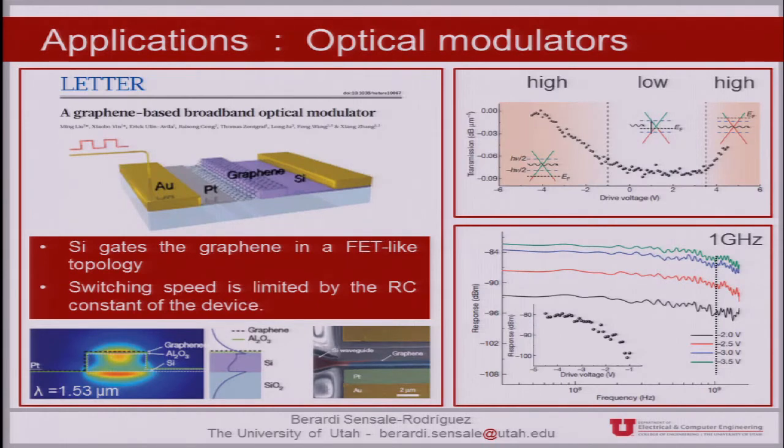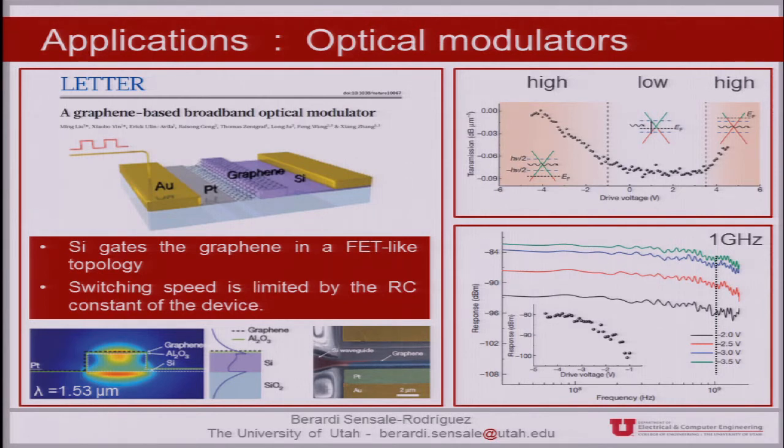The first one that I want to mention is a work from a group from Professor Zhang here at University of Berkeley, who show an electroabsorption optical modulator based on graphene. The idea here is the following. We have a silicon-rich waveguide where the mode is confined here.